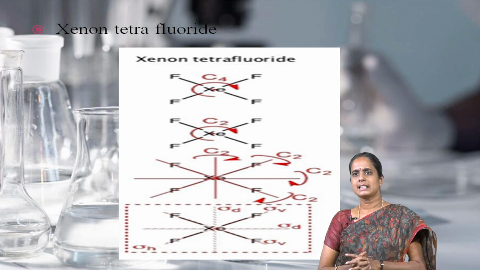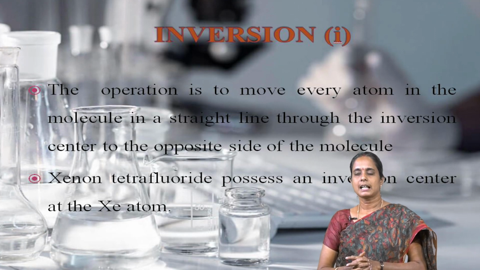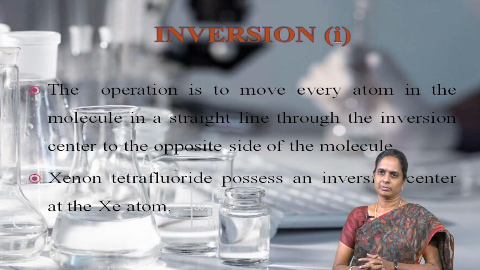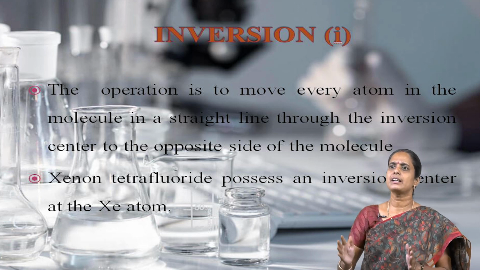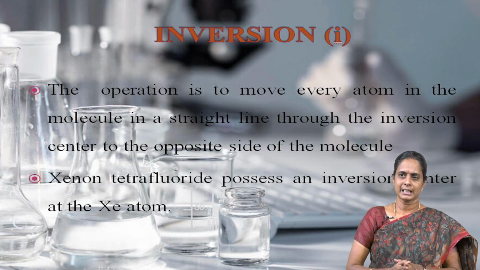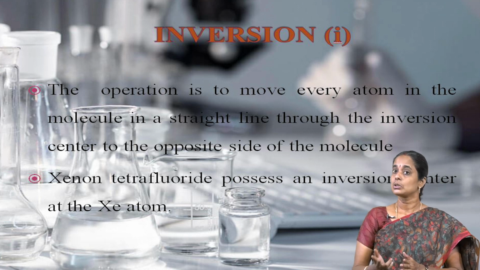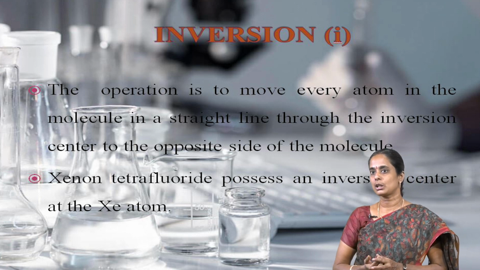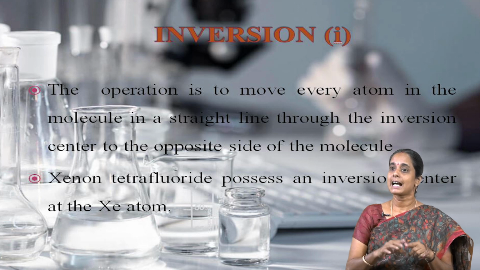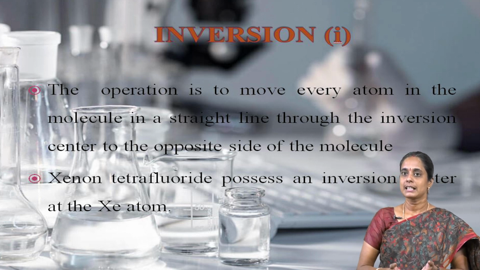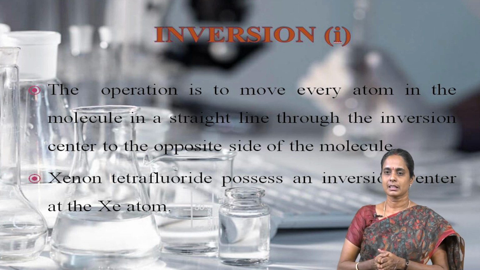The next one is inversion, denoted as i. The operation is to move every atom in the molecule in a straight line through the inversion center to the opposite side of the molecule. The element that corresponds to the operation is the center of symmetry, or inversion center.